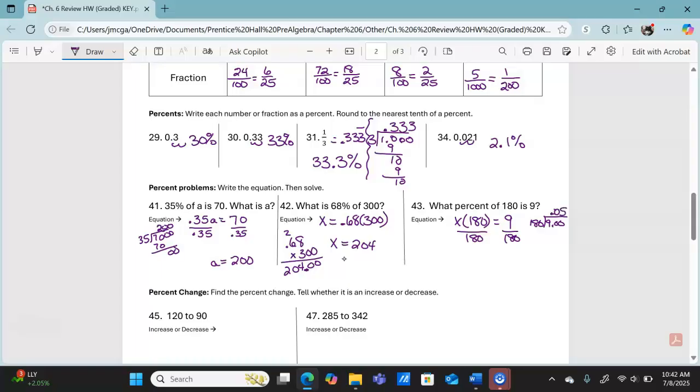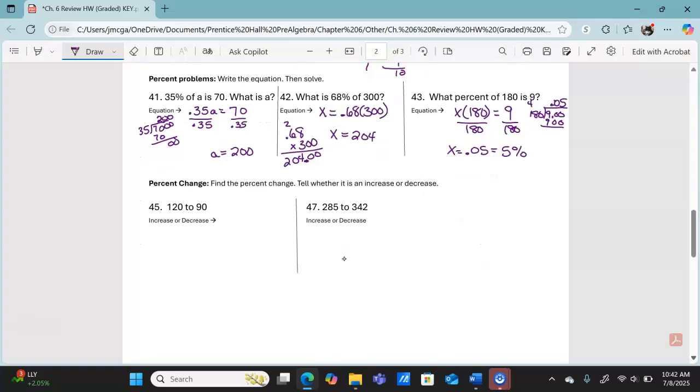Let's try 5. 5 times 0 is 0. 5 times 8 is 40. Carry the 4. 5 times 1 is 5, plus 4 is 9. So we get x equals 0.05, but we need to convert that to a percent by moving the decimal 2 to the right and adding the percent sign.